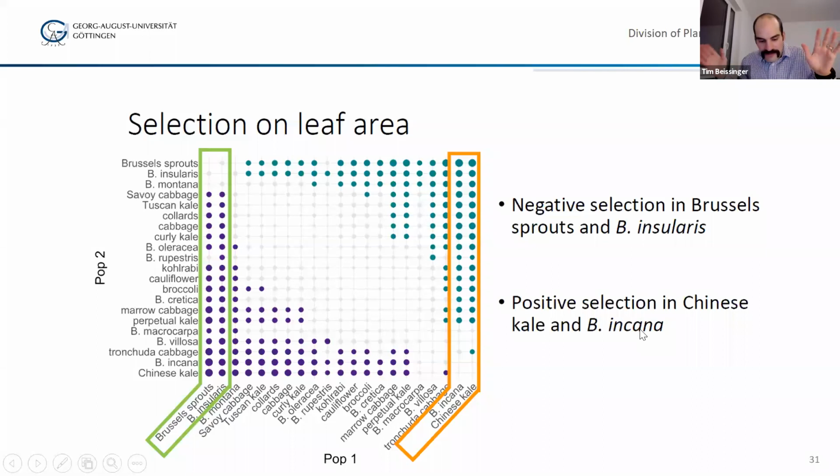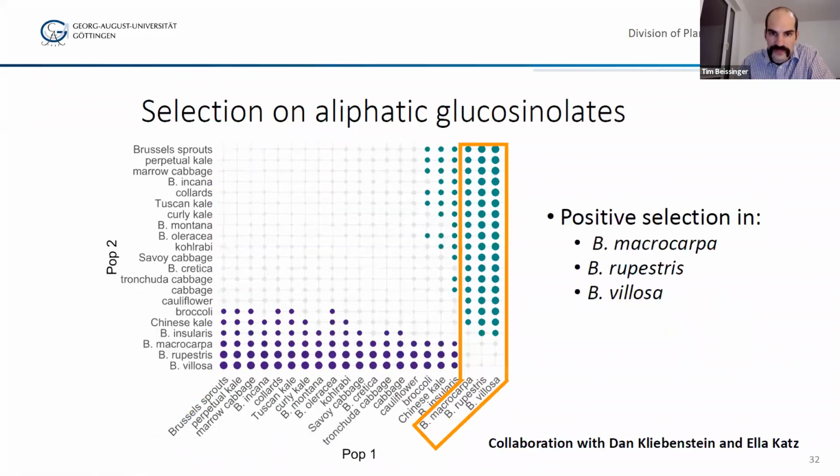For reasons that I can't fully describe, this confirmed a lot of suspicions about differences in leaf size in these two morphotypes. I want to give next a more concrete example for me of the exciting thing we can do with GHAT, which is looking at selection on glucosinolate levels in cabbage and or in Brassica oleracea.